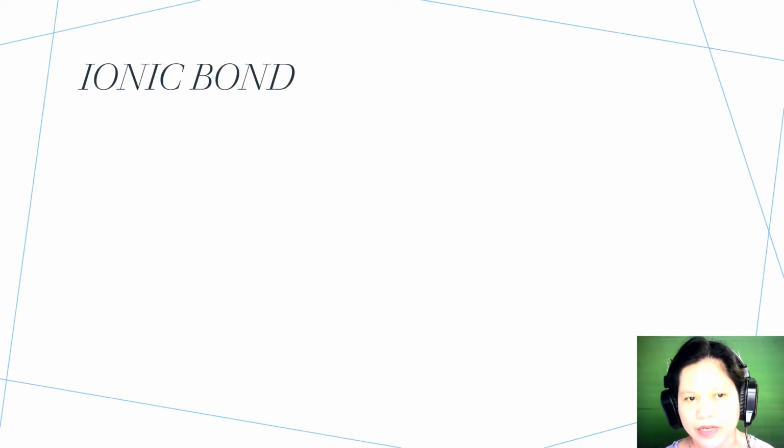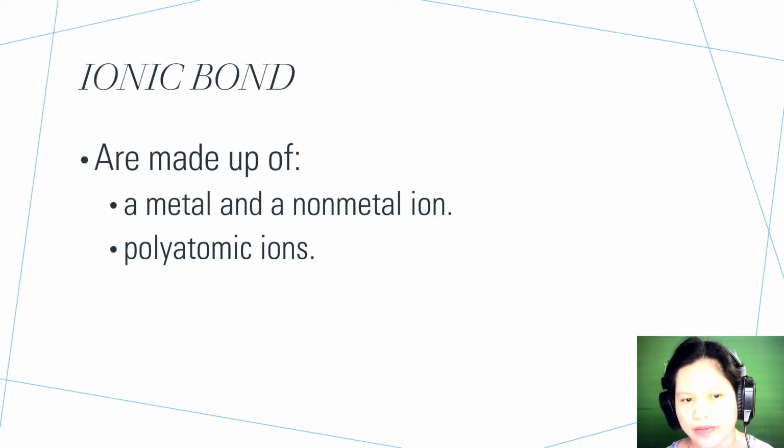When I say ionic bond, we are dealing with metal and non-metal ions, and sometimes we also refer to the polyatomic ions, which I have mentioned before are located in the lower portion of your periodic tables. So those are the polyatomic ions. When I say polyatomic, it has two or more elements found in the given compound.